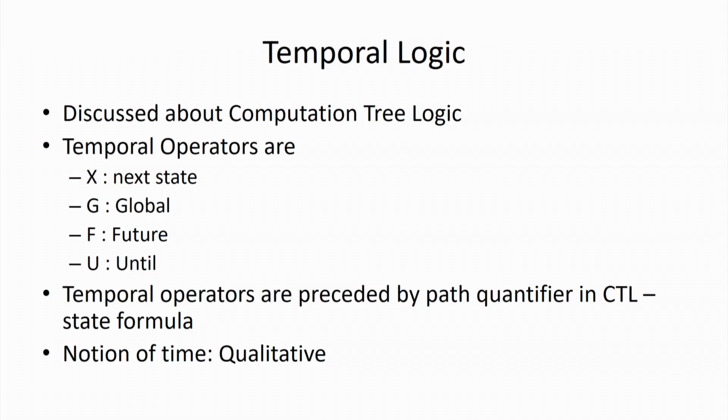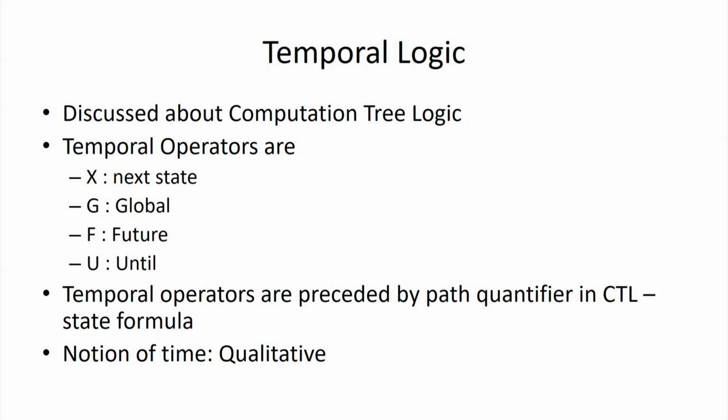Now, along with that, in model checking we need a temporal logic. In this discussion we are using a particular temporal logic called CTL, computation tree logic. The temporal operators we have are next state, global, future and until. For CTL, all those temporal operators are preceded by a path quantifier.